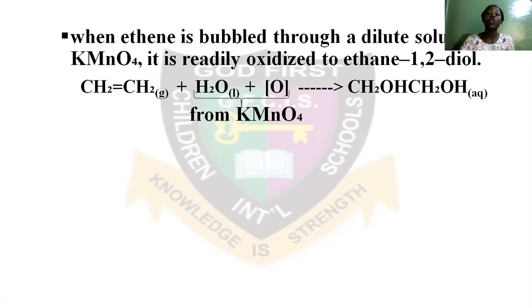Then, if it was an alkane that was added to potassium permanganate, this purple color remains unchanged. So potassium permanganate is used to actually test for unsaturation. So these are addition reactions. So like I said, in addition to substitution reaction, addition reaction is a very important reaction that the alkenes undergo.